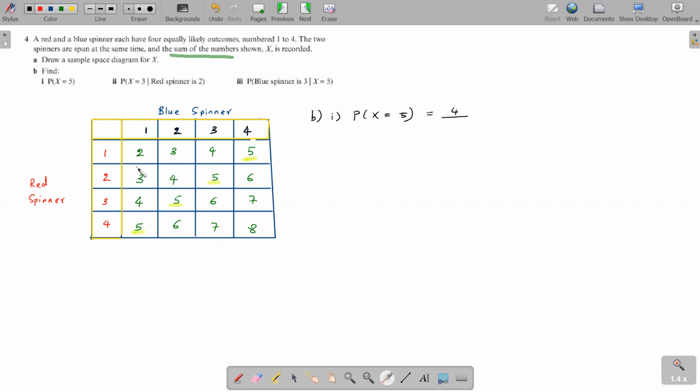This is a table with 16 outcomes, 4 times 4. So out of 16 possible outcomes, 5 appears in 4 of them. That's why it's 4 over 16, which simplifies to 1 over 4.